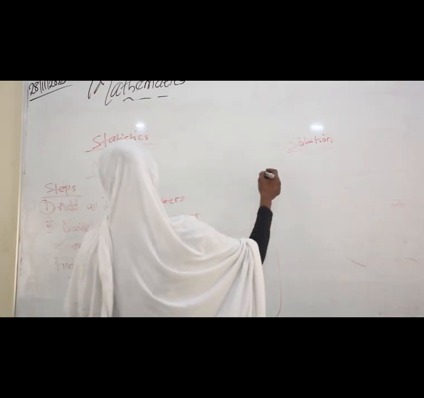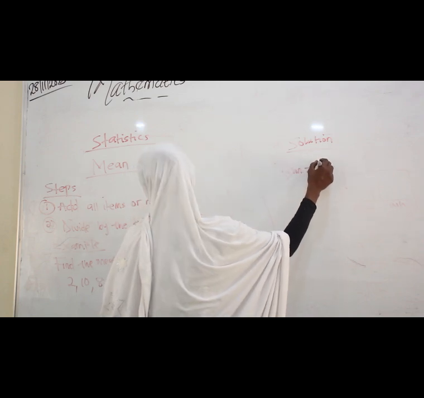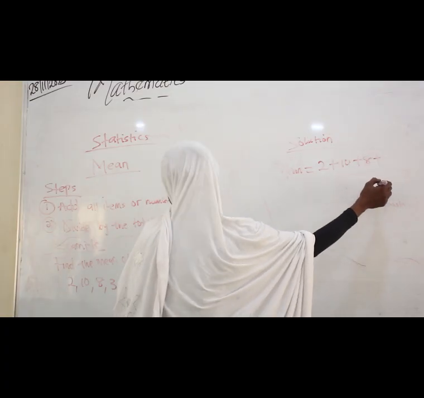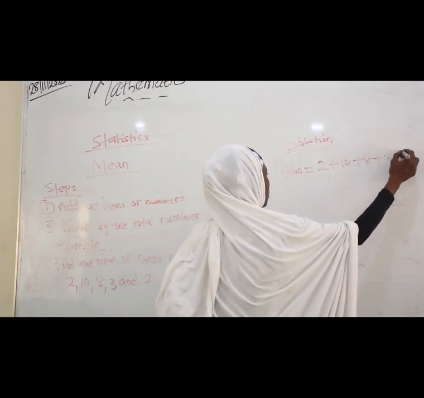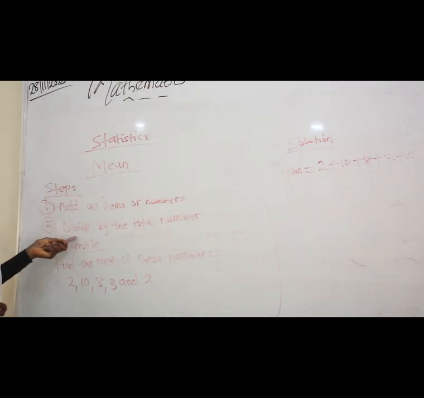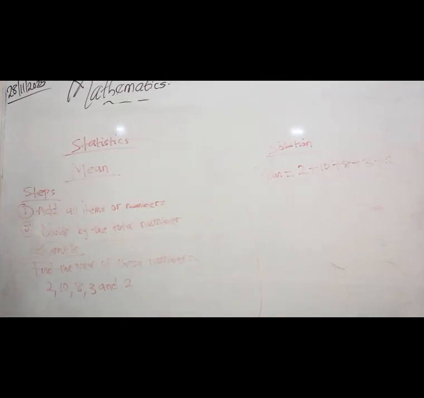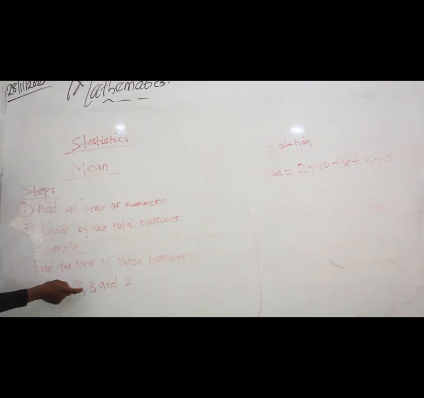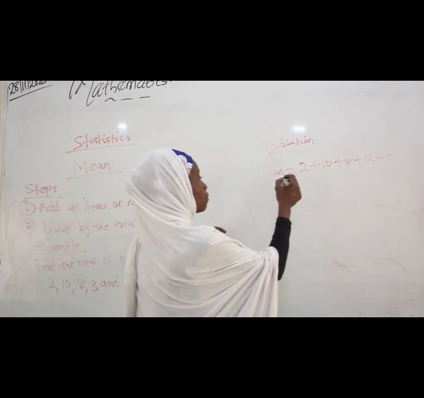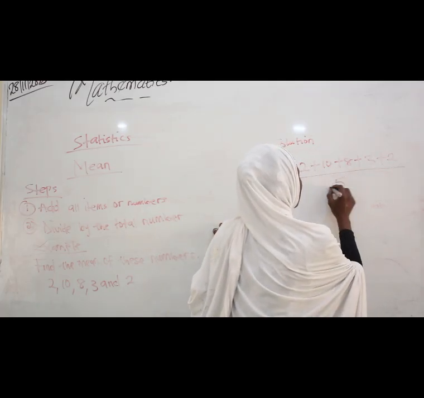So it means the mean is equal to 2 plus 10 plus 8 plus 3 plus 2. That's step one. Then the second step says divide by the total number. So it means you have to count. Let's count: 1, 2, 3, 4, and 5. So the total number is 5. So we divide by 5.